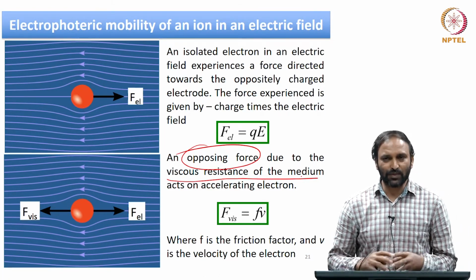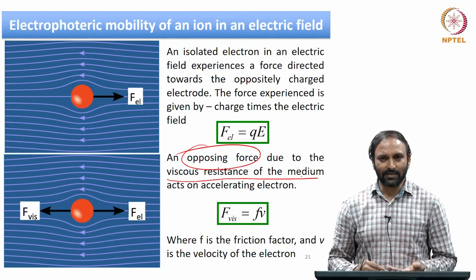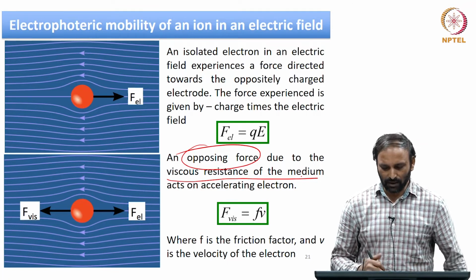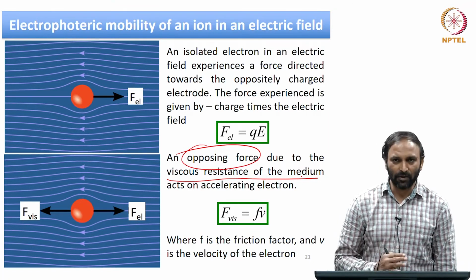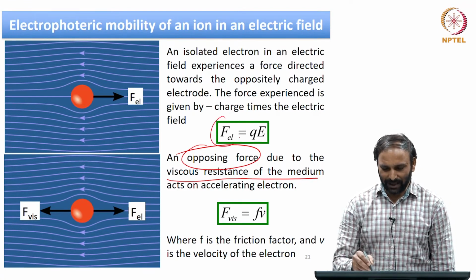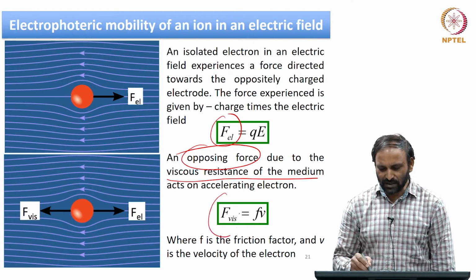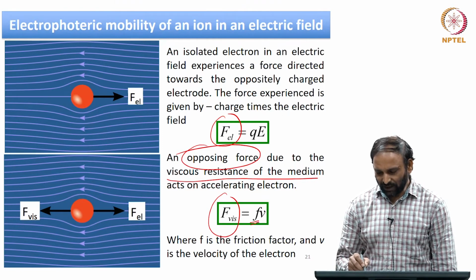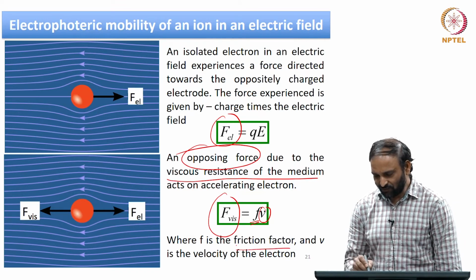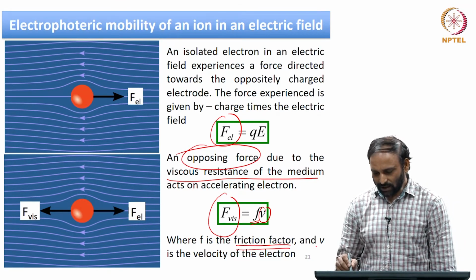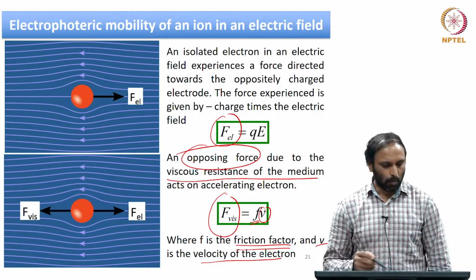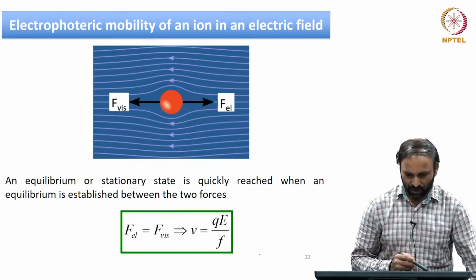What this viscous resistance does is it hinders the motion of the particle, and it slows down the ion that is set into motion because of the applied electric field. And this F viscous is given by f times v, where f is what is called the friction factor and v is the velocity with which the isolated ion is moving in the electric field. Okay.